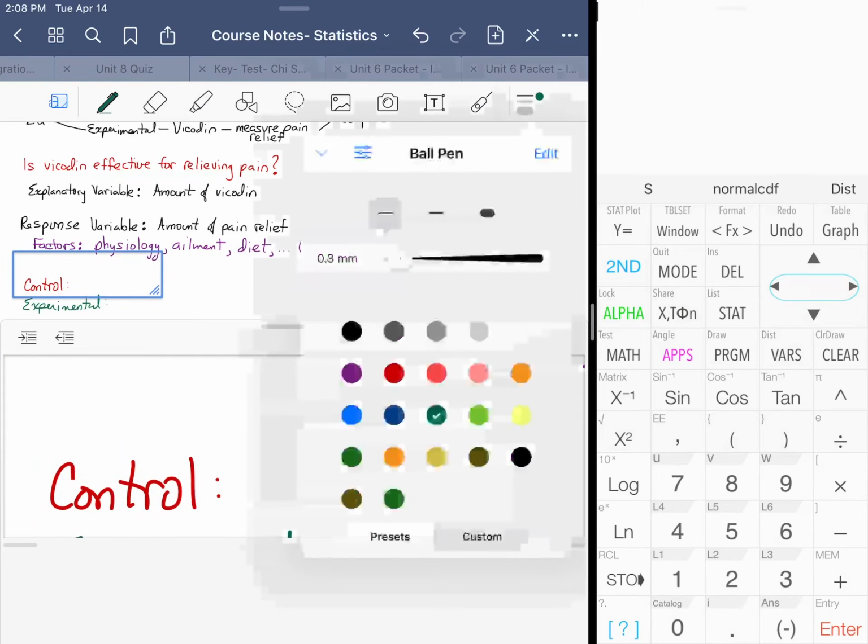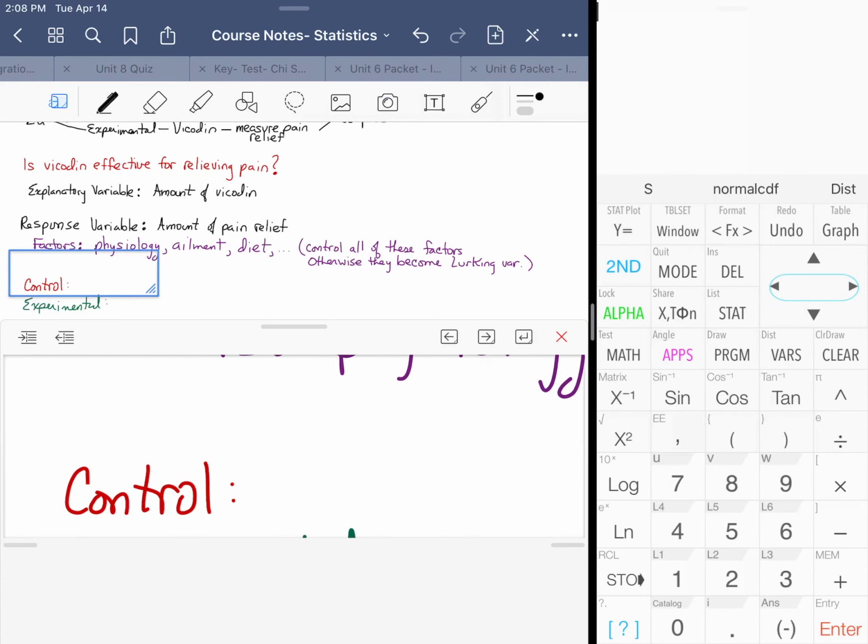So what I'm going to do in my calculator, I'll just tuck it in over here, because this is something you would do on the side. I would use random integer.